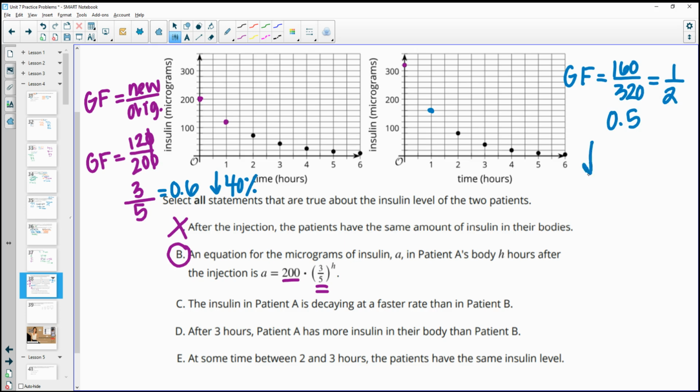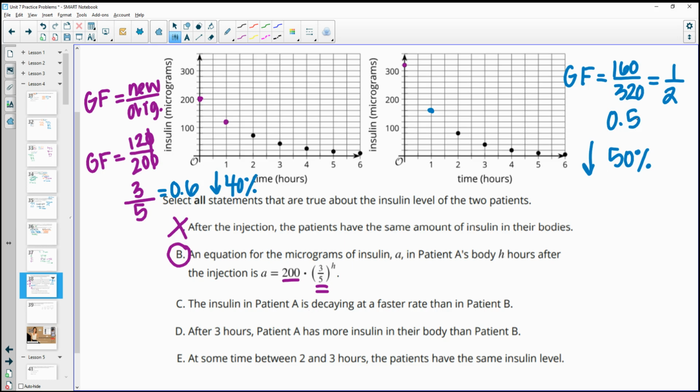And this simplifies to 1/2 or 0.5. So that means that this one is decreasing by 50% each time, which is a bigger decrease. So B is actually decreasing more each hour, retaining less medicine. And this said that patient A is decreasing by a faster amount.